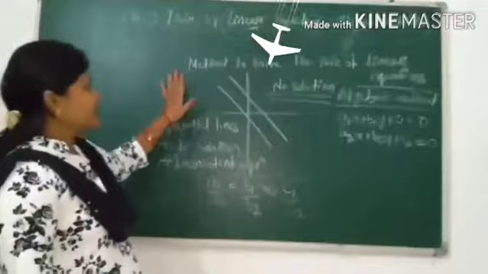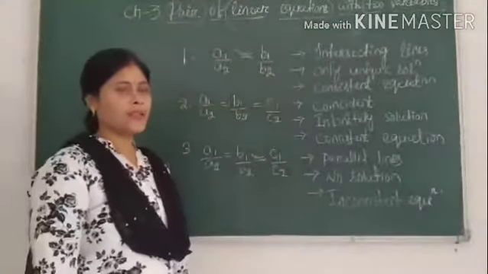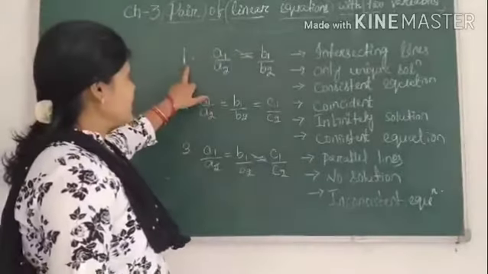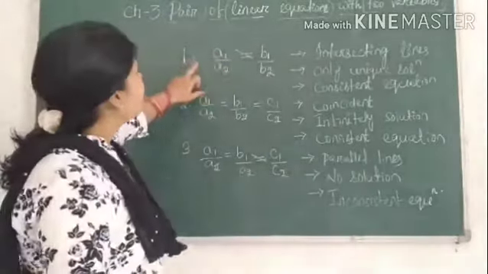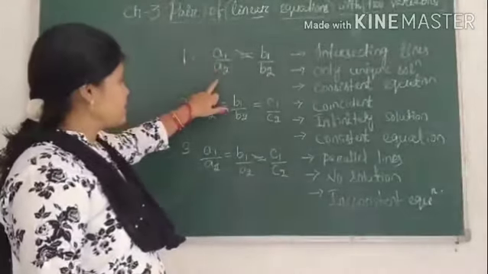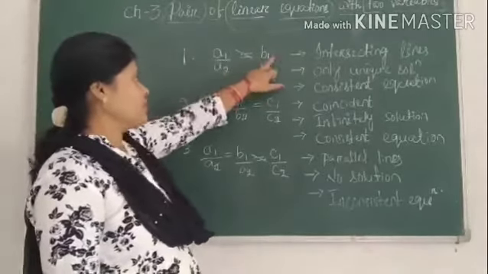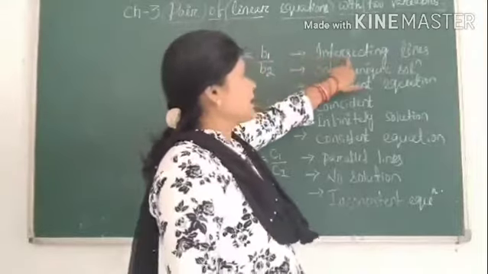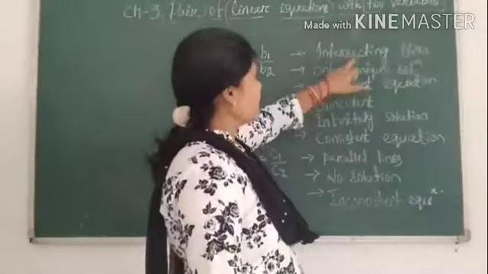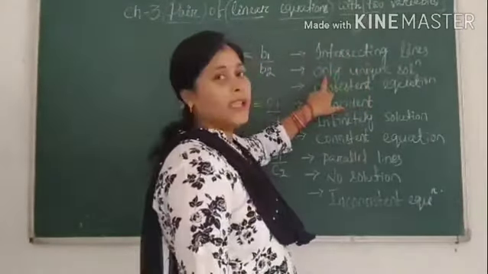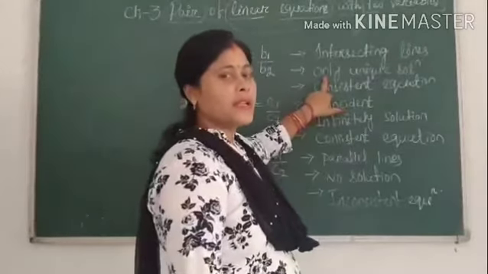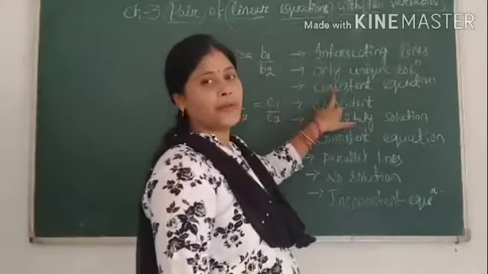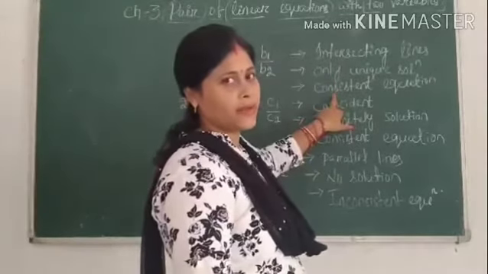So let's summarize once again what you have studied. The first condition is A1 by A2 is not equal to B1 by B2, and here we get intersecting lines, and intersecting lines mean a unique solution, exactly one solution is possible, and this type of equation is known as a consistent equation.